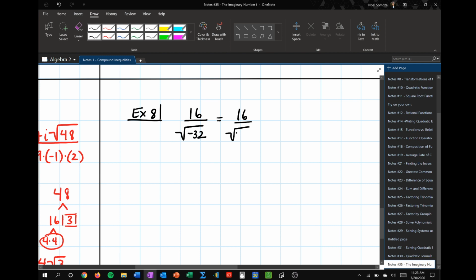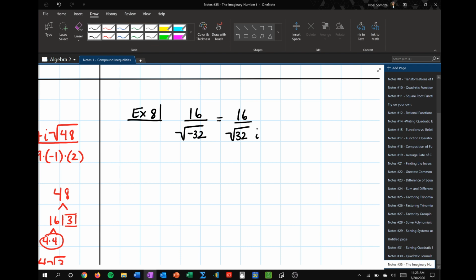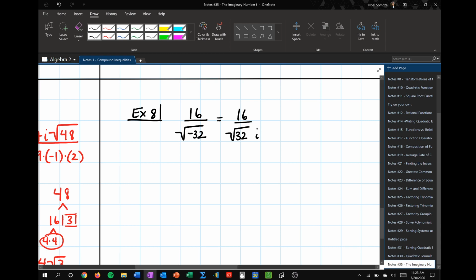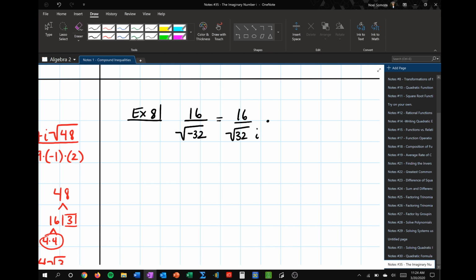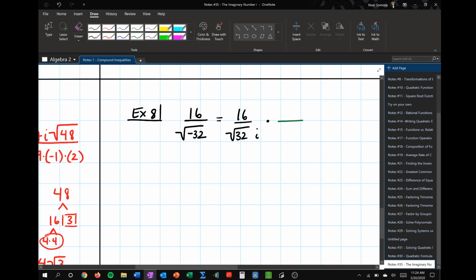You want to extract the I, so then this becomes 32I. From there, what would your product have to be? Your rationalization, you have to get rid of the I in the denominator. So you want to multiply by the square root of 32I to both top and bottom.